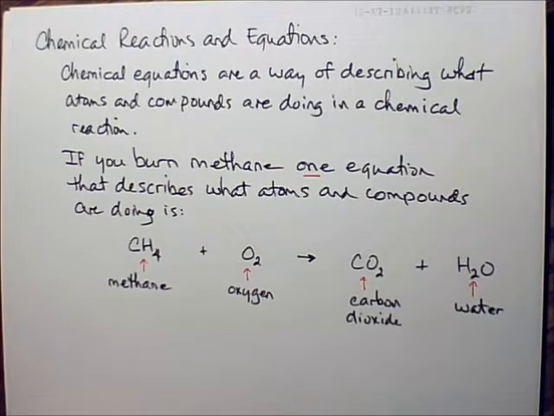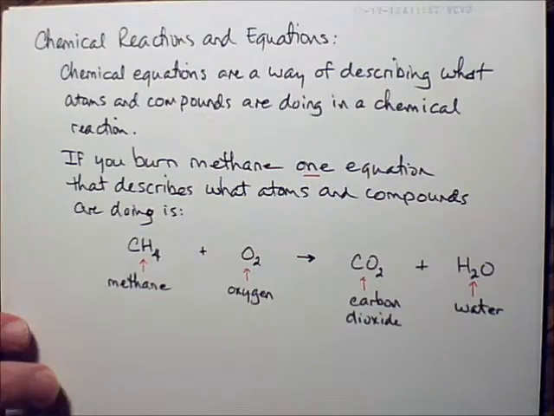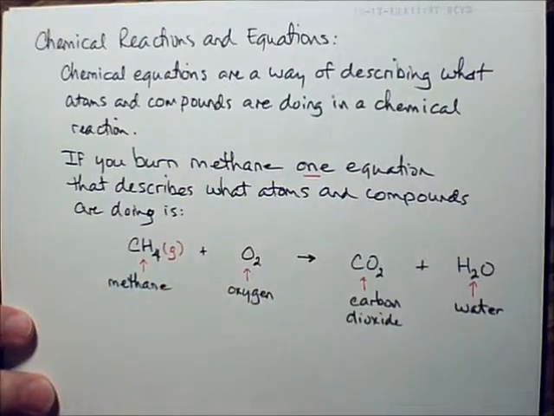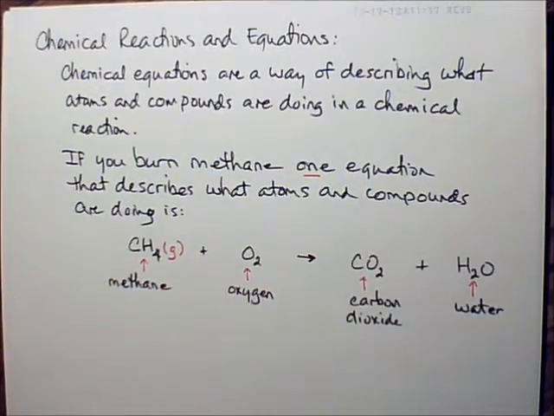So if I open up the gas jet over there and don't attach any burner to it, what do you see coming out? You don't see anything. So because of the noise, though, what would you infer is coming out? Some kind of gas. And methane is, in fact, a gas. And we use the symbol G in parentheses to indicate that.